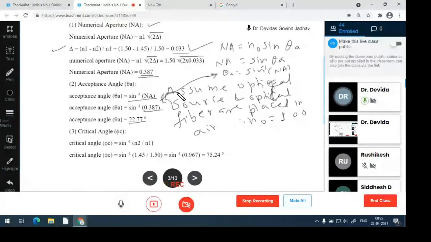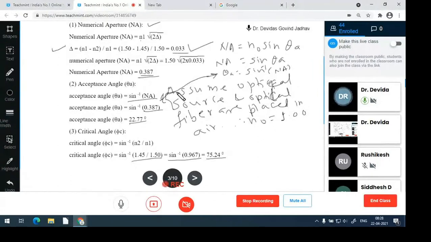Similarly, critical angle, we know the formula: sin inverse N2 upon N1. Substituting N2 and N1, sin inverse of 1.45 divided by 1.50. So it is sin inverse of 0.967, which is 75.24.